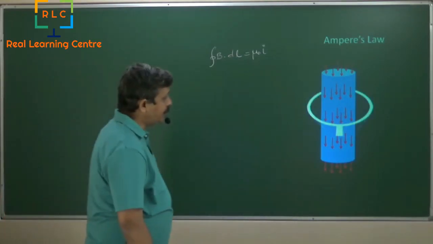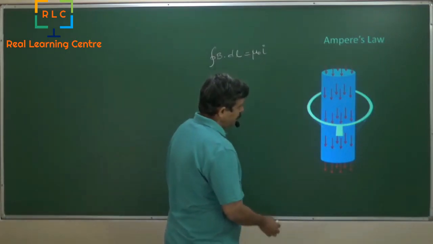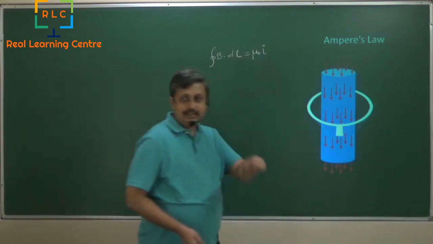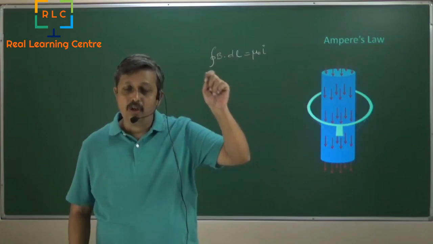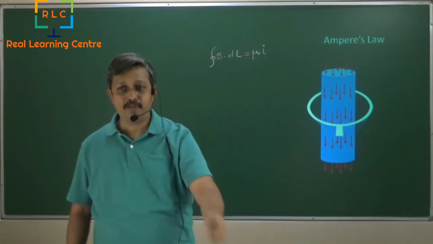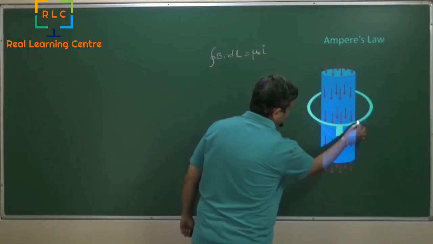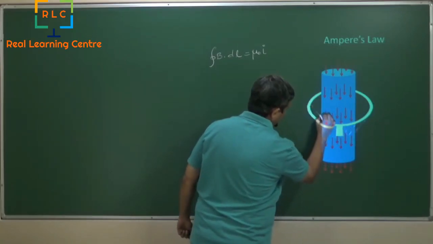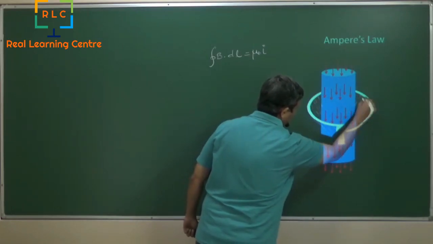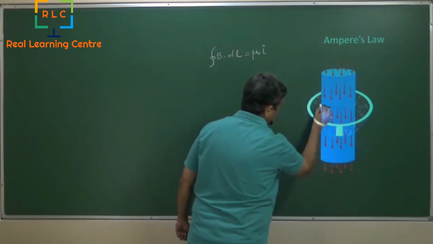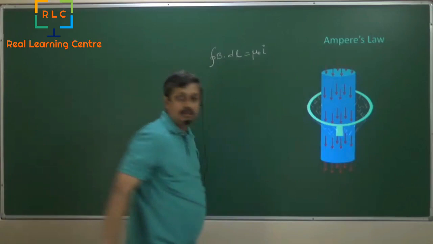So you can take a surface like this. It's like that net that you use, actually called a butterfly net, which catches butterflies.